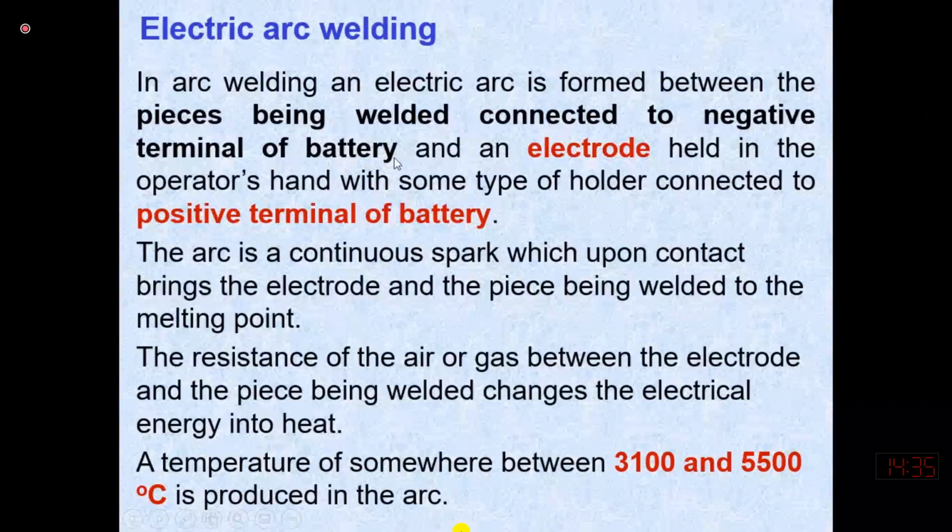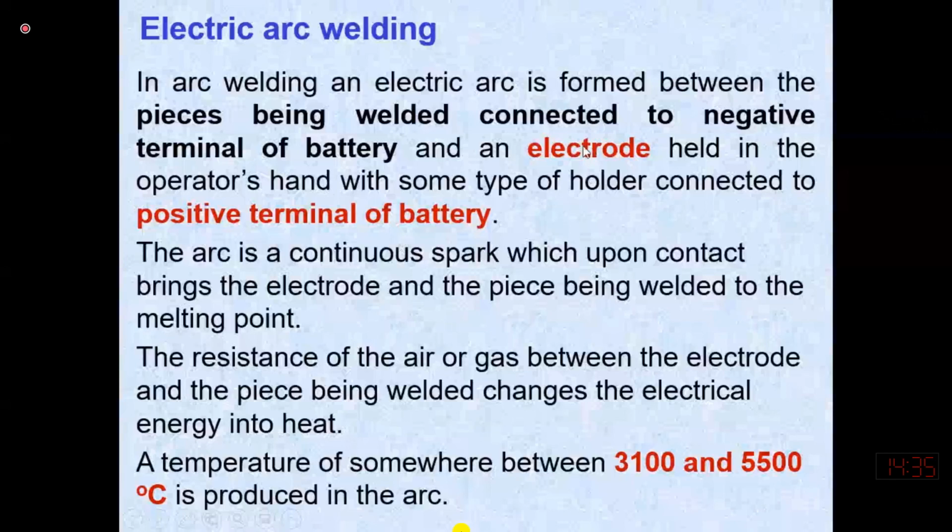The pieces that we intend to weld are connected with the negative terminal of the battery, and an electrode. Electrode is the extra metal or steel rod which we use to weld the two pieces or two connecting surfaces, held in the operator's hand with some type of holder connected to the positive terminal of the battery.